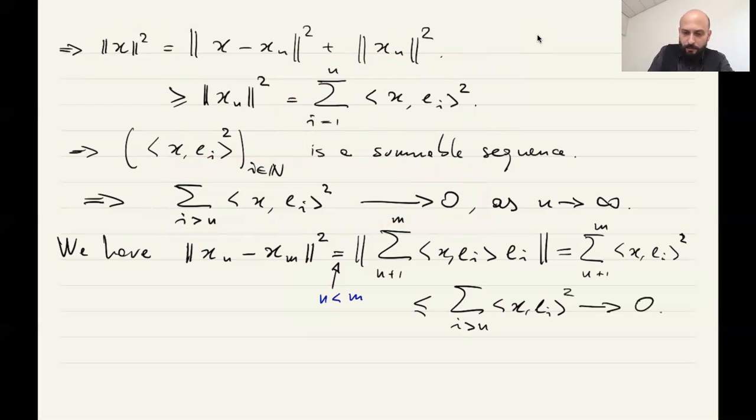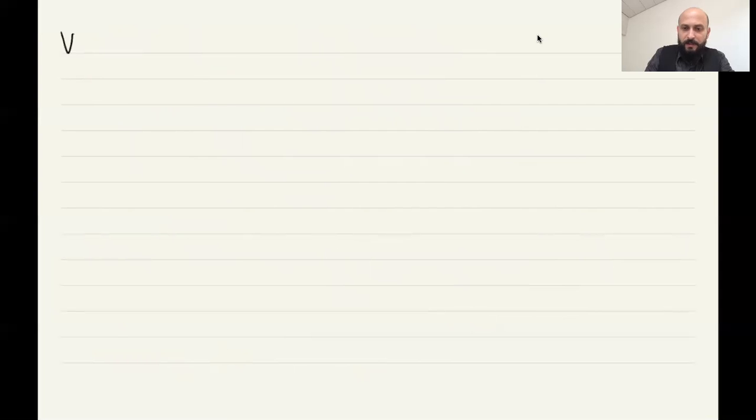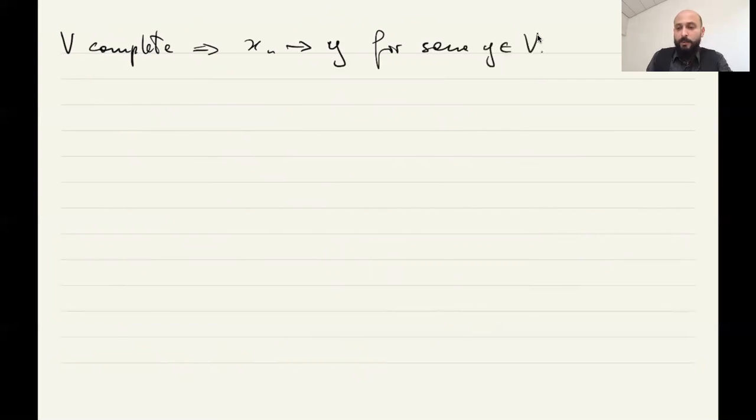Okay, so what we proved is that x_n is a Cauchy sequence. But since V is a Hilbert space, so since V is complete, we get that x_n converges to some element, for now let's call it y, for some y in V. Now what we need to prove is that this y is equal to the original x.